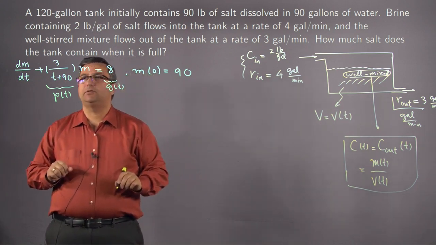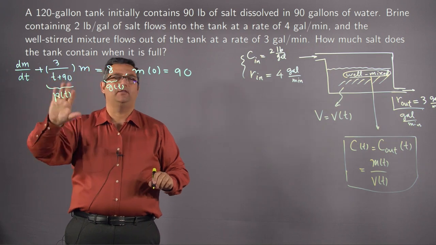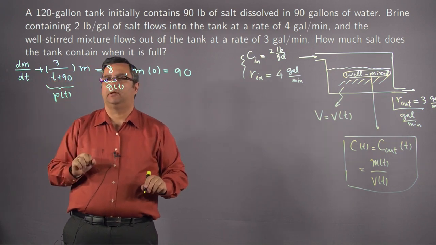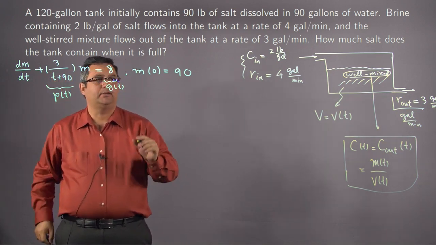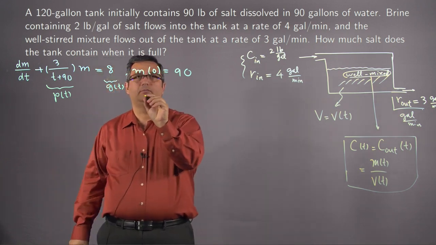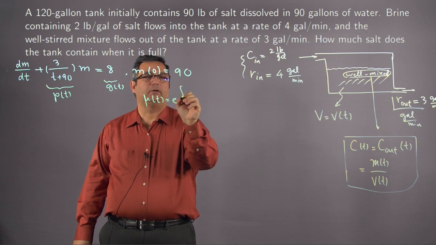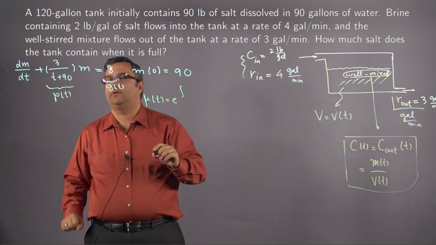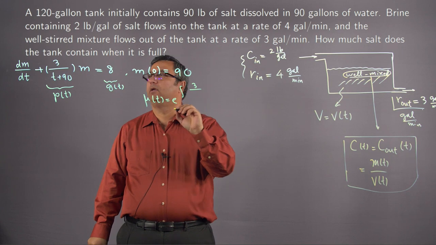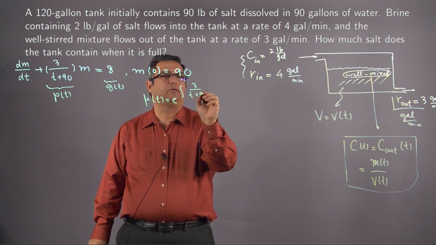So the first step to solve this problem is to find the integrating factor for this linear equation. To find the integrating factor, we have to write mu of t as e to the integral of this p of t function, which is 3 over t plus 90.